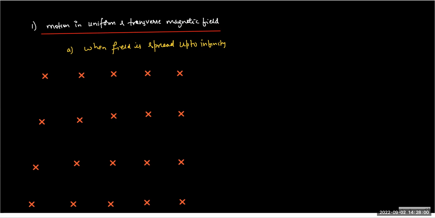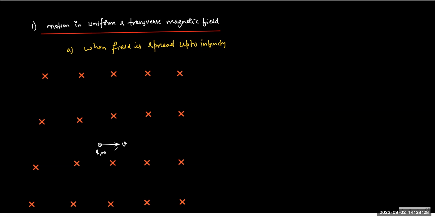So what you do is you simply project a charged particle with some initial velocity.